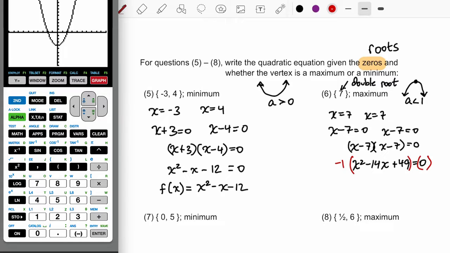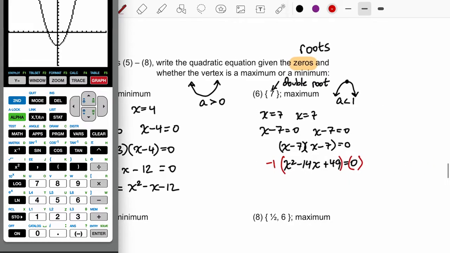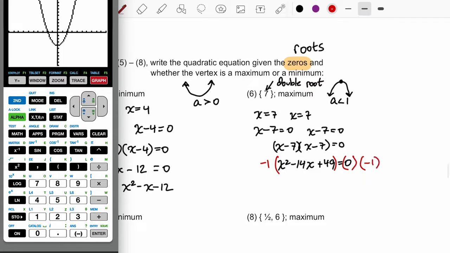But if you chose to multiply it by negative 3,705, you would also be right. All right? So just keep that in mind. You multiply it by whatever you want as long as it's negative, and you're absolutely correct. Negative x squared plus 14x.